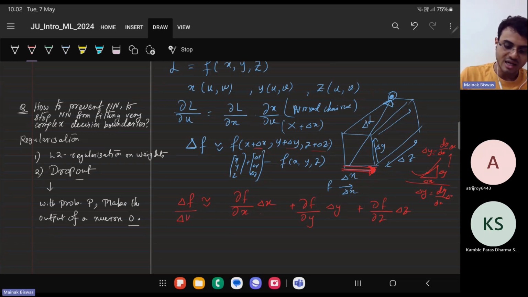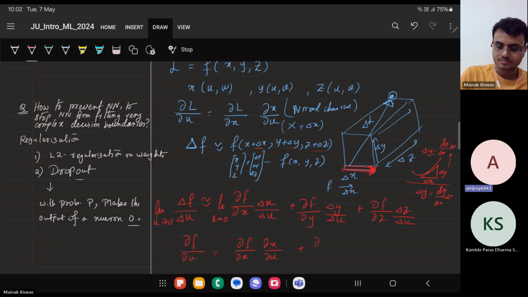So if I just do delta u now, and then I put the limit delta u tends to 0, our normal calculus ideas, then I will have ∂f/∂u as ∂f/∂x ∂x/∂u plus ∂f/∂y ∂y/∂u.